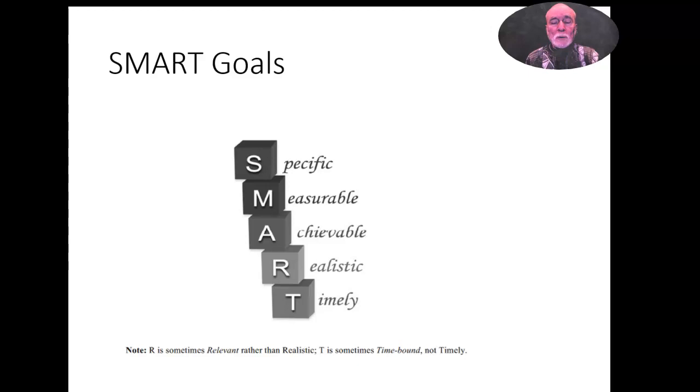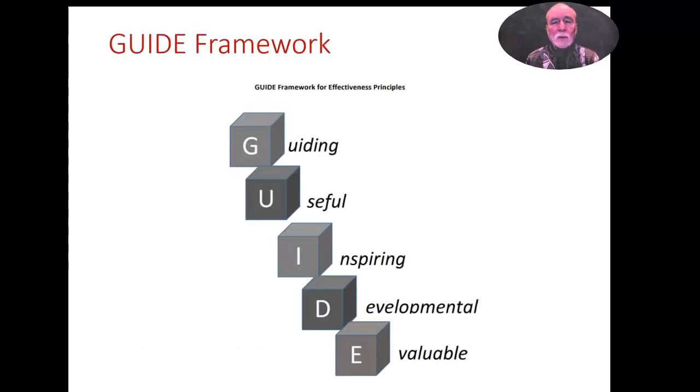SMART goals are specific, measurable, achievable, realistic, and timely. Well, that same kind of framing leads to criteria for what constitutes high-quality principles. The GUIDE framework for principles calls for the principles to provide guidance, to be useful, to be inspiring, to be developmental, and to be evaluable. We're going to look at each of those criteria and how they play out in crafting and evaluating principles.